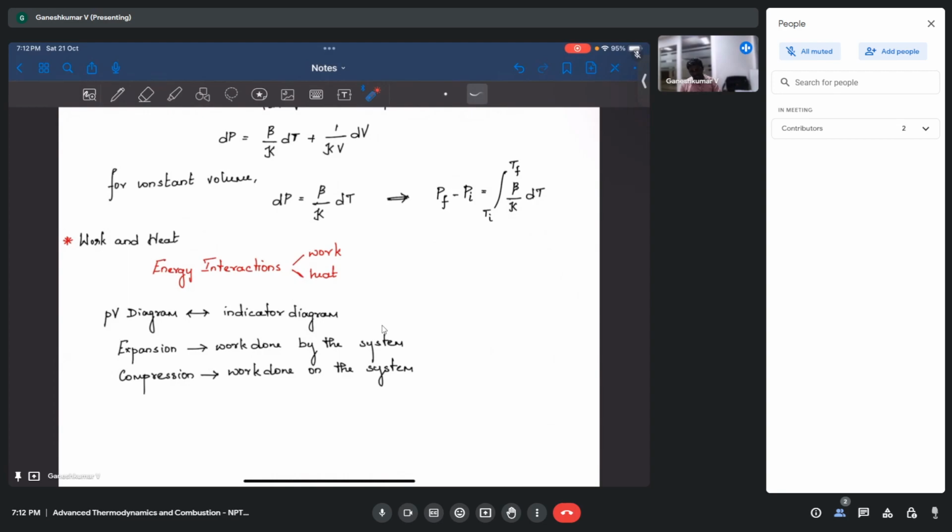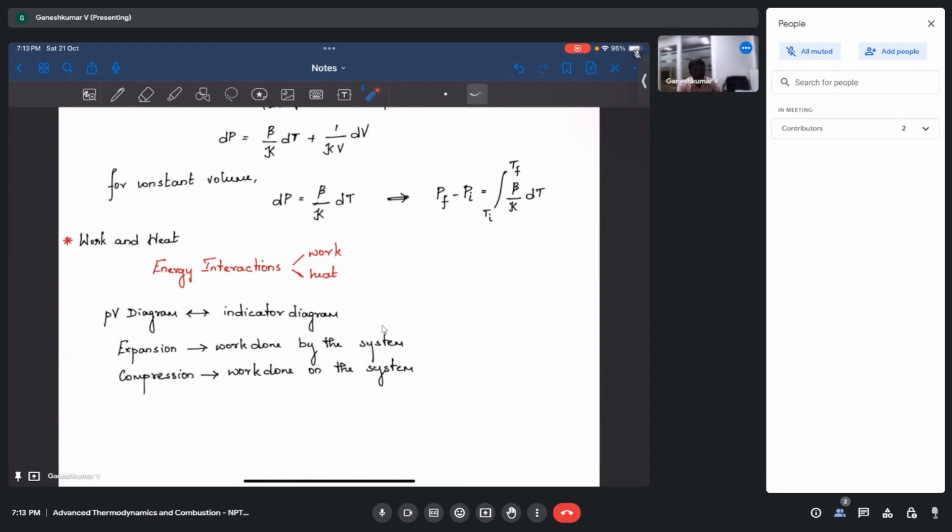So in energy interactions, we have work and heat for a system, and there is some convention. If heat is coming to the system, it is positive. Heat leaving the system is negative. Work done by the system is positive. Work done on the system is negative. So that convention we will follow.